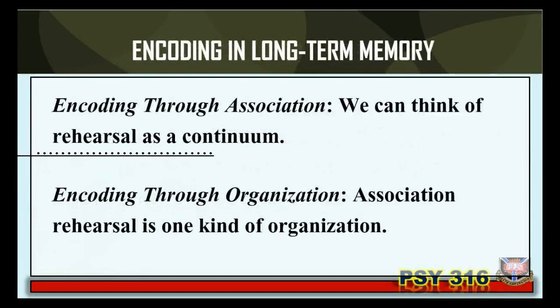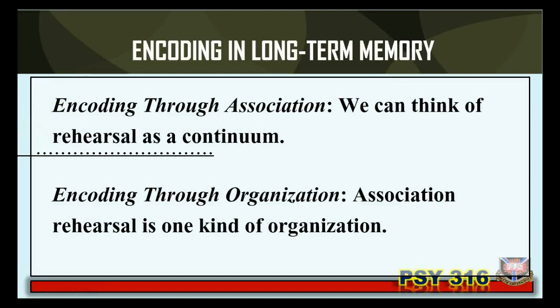1. Encoding through association. We can think of rehearsal as a continuum. We can memorize information by rote rehearsal, simple repetition, to get it into long-term memory. In general, though, the more elaborate the rehearsal, the more associations you can make between the new information and information you already know, the more effective the encoding and storage of the information.